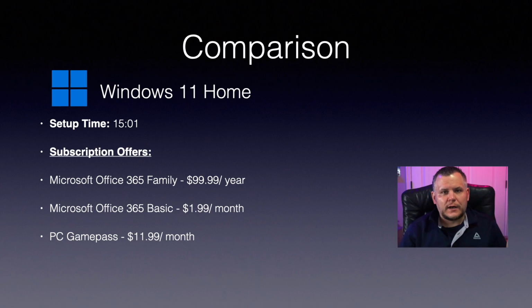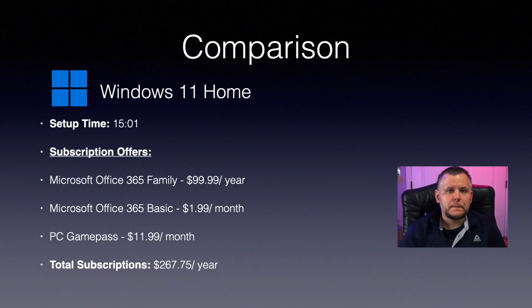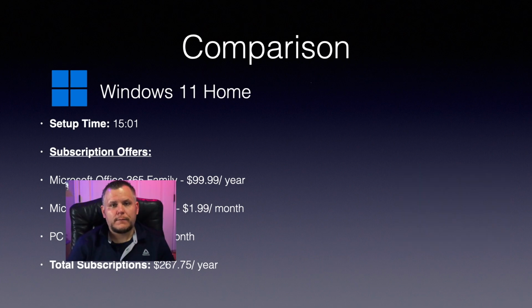Finally, I was offered a subscription for PC Game Pass at $11.99 per month plus taxes. Had I chosen to sign up for these subscriptions, I would have committed to an additional $267.75 per year plus taxes before even getting a chance to use my new computer.